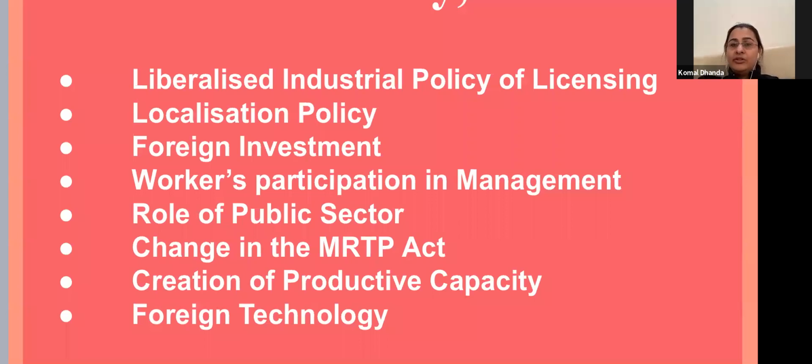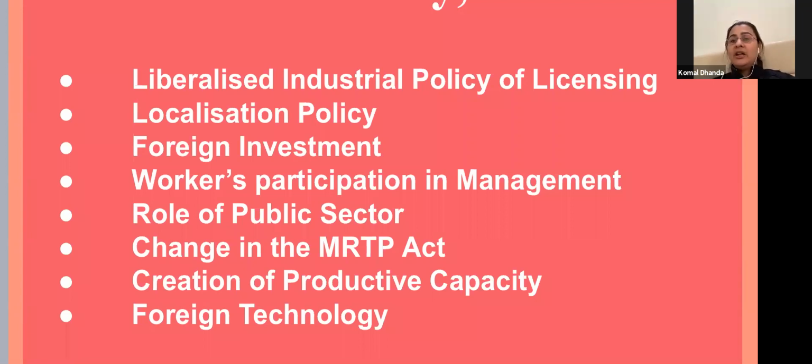Then foreign technology. Before 1991, if somebody wanted to import some technology from abroad, they had to go through a number of steps, and sometimes it was permitted, and sometimes in the end they were not even allowed to import such technology.